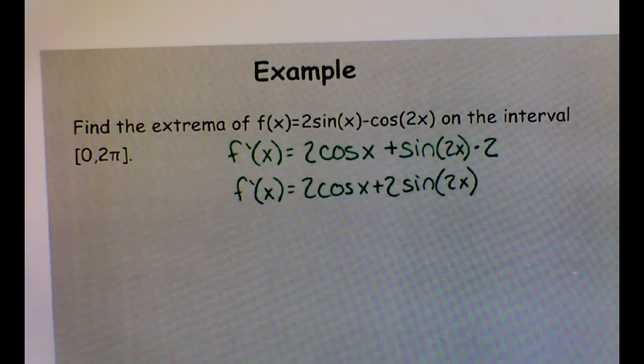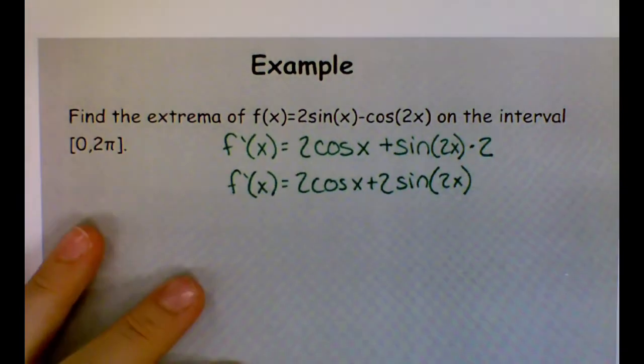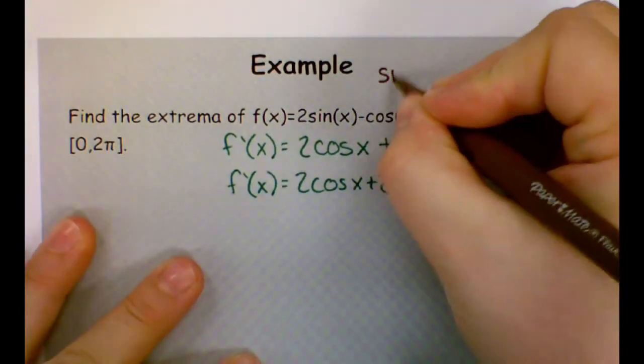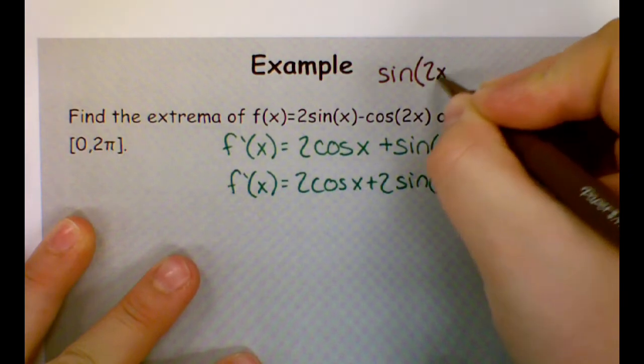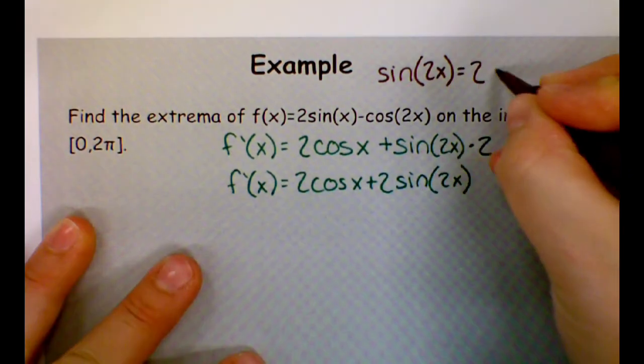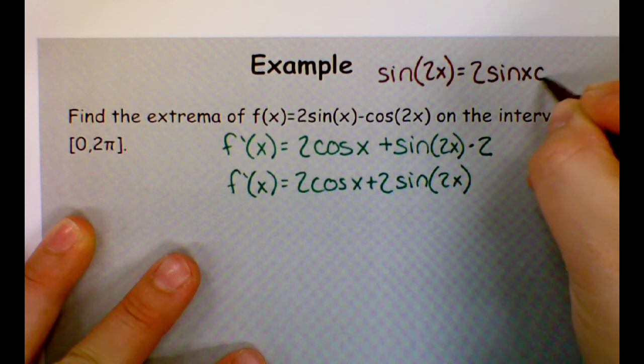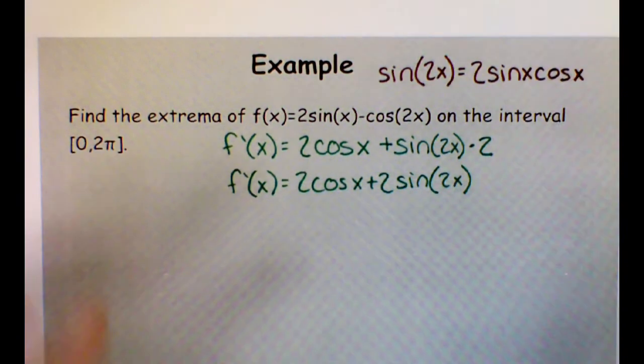Now here's where it gets wonky. We could guess and check, I guess. Or we can think way, way back to trig identities. And remember that the sine of 2x is equal to 2 sine x cosine x.